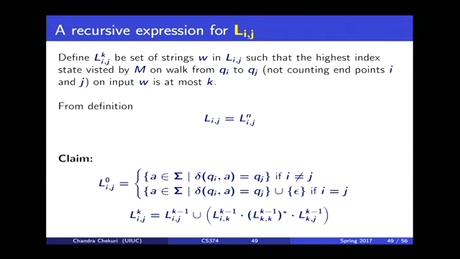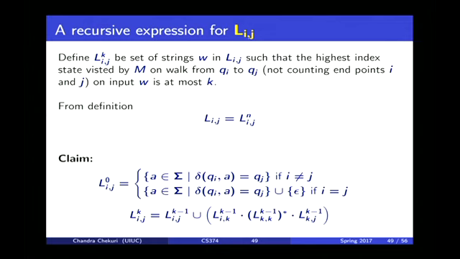Or you can also go from i to k using k minus 1, and any number of copies of going from k to k using k minus 1, followed by going from k to j using only k minus 1. Okay, so you have to think for a little bit that Lijk can be written as this language. This is the recursion that we saw in Floyd-Warshall.